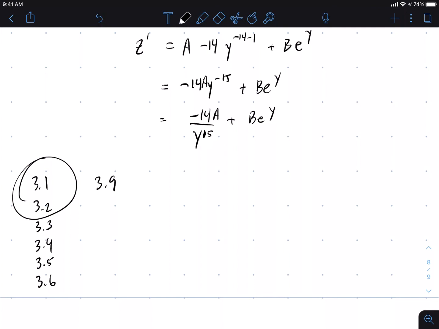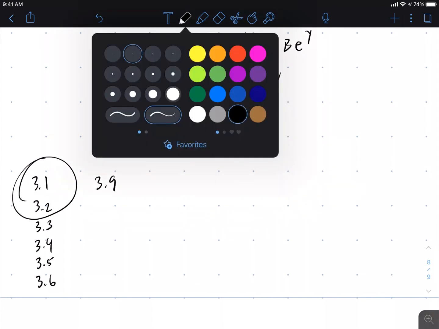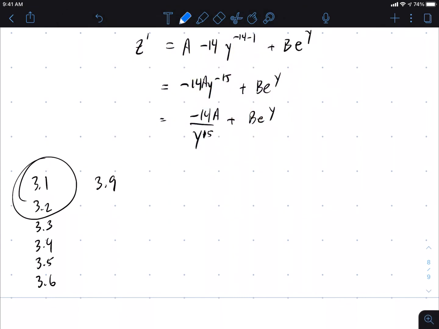So your test will look like this: maybe 1 question from here, 2 questions from here, 2 questions from here, 2 questions from here, and then 3 from here. So you can see where the test is coming from. Yeah, I gotta write it.